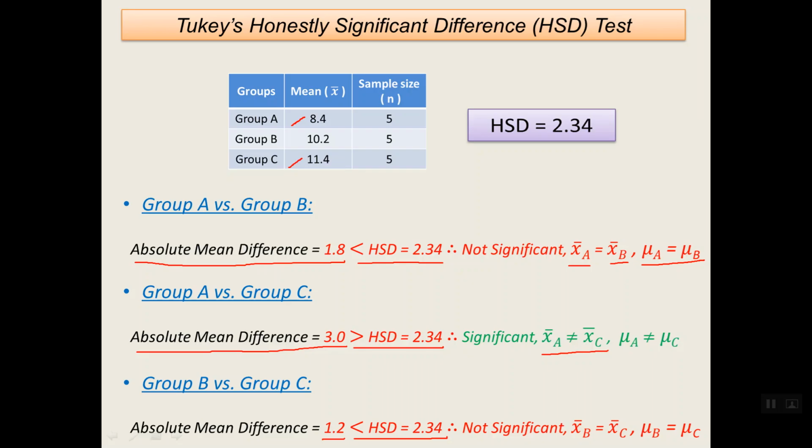So we conclude that there is no significant difference between the two values, which means that the mean for group B is the same as the mean for group C. So X bar B is the same as X bar C, and we can say that the population mean for B is the same as the population C regarding the variable we are interested in.